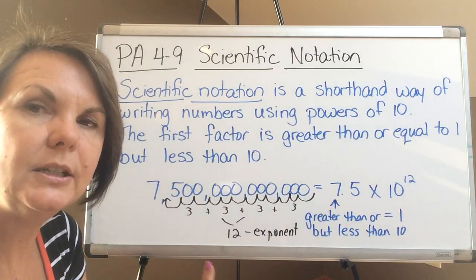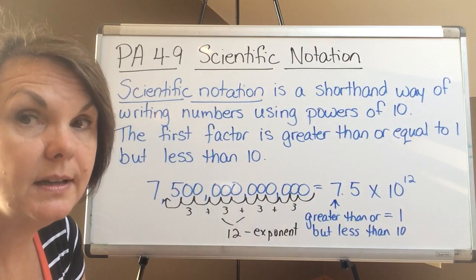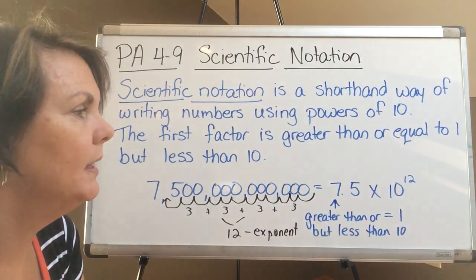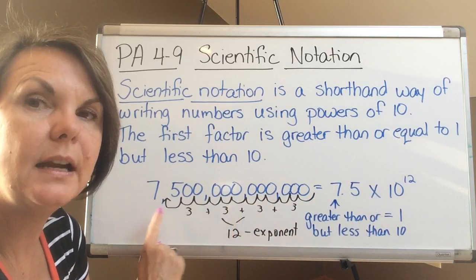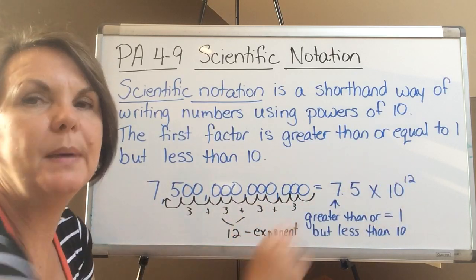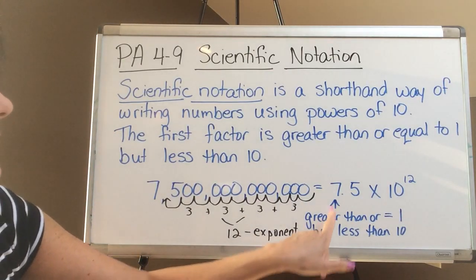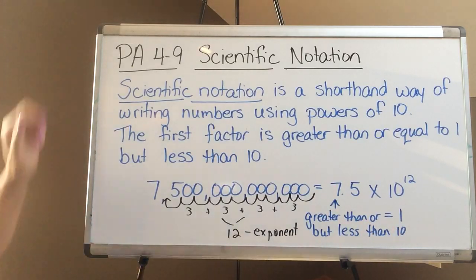So I only have one digit in front of the decimal point that is between the number 1 and less than 10, and the 0.5 is a significant digit, times 10 to the 12th. So the number of places that I move my decimal to the left is my exponent for the power of 10. So notice 7 is greater than or equal to 1, but it is less than 10.